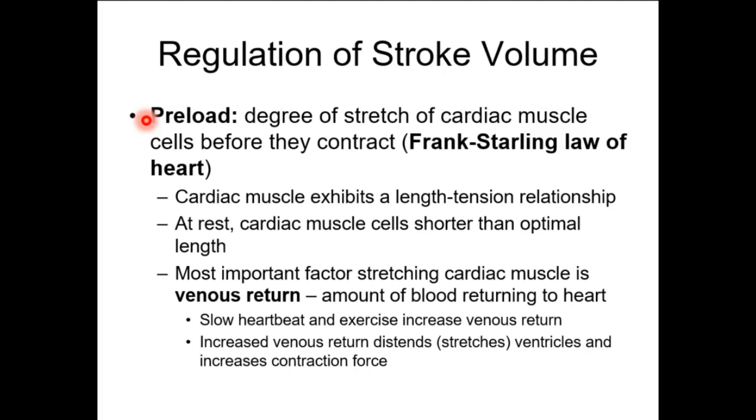Do we all agree with that concept? It is possible to overstretch that rubber band, but that's a different law. The law today is that the more you stretch the rubber band, the harder the recoil. So the more blood volume you have in that heart before it contracts, the more forcefully it's going to contract.